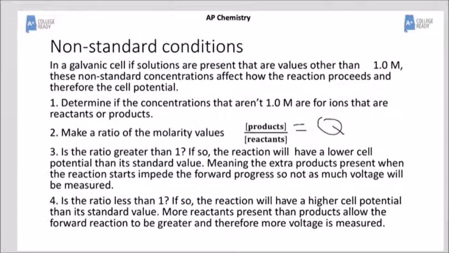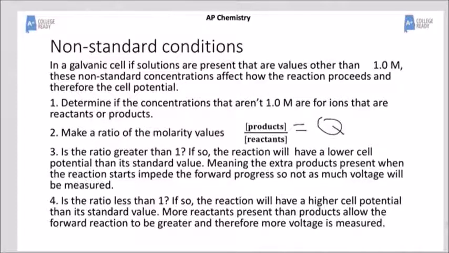If so, what this is saying is that there are more products in the solution than reactants, so that overall the non-standard cell potential will be lower than the standard cell potential. Those extra products are preventing the reaction from going in the forward direction like it normally would have. So the measured voltage would be less.